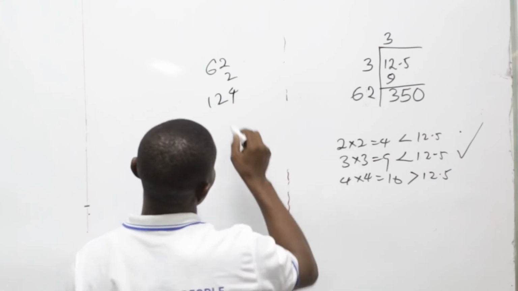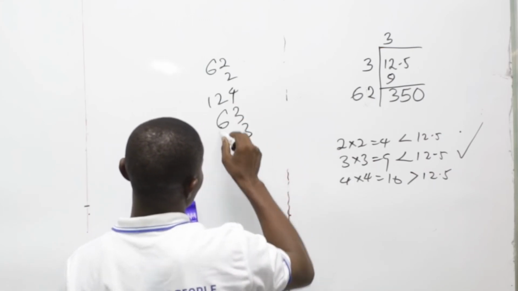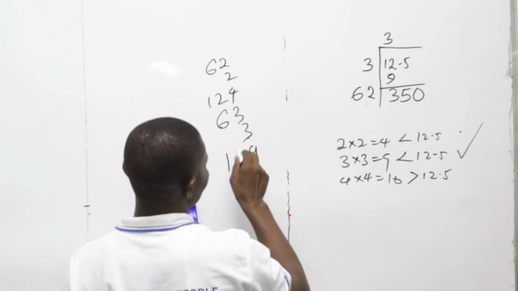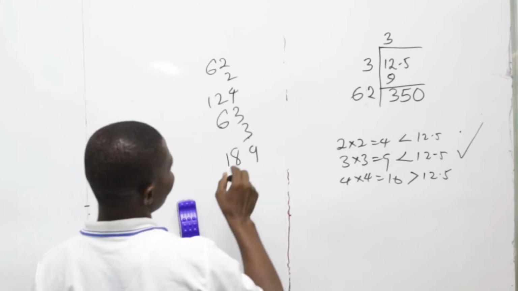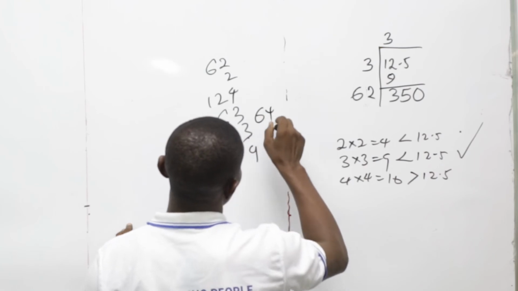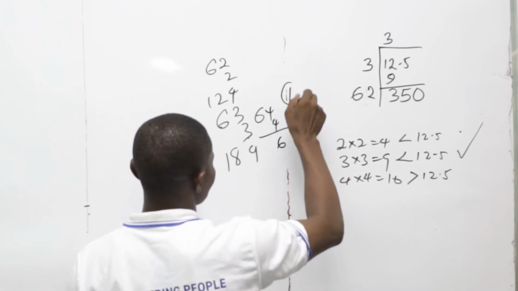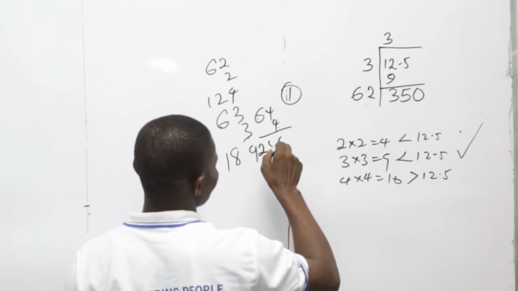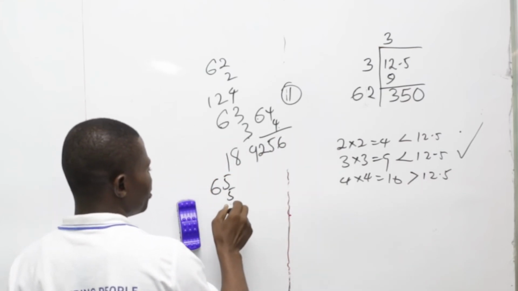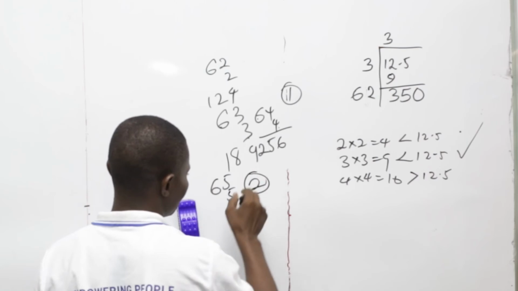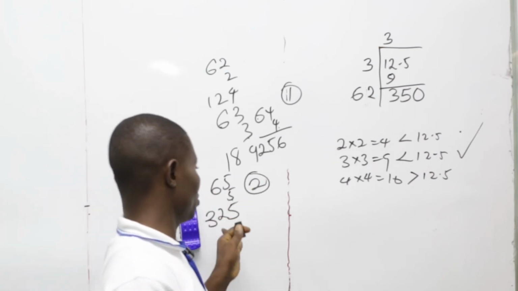120 something. They will now add 3 to give us, this is 9, 18, 189. We'll add 4, 6, 4. This is 16, carry 1. This is 24, 25. We'll add 5, that is 65. This is 5, carry 2. This is 30 plus 2, 325.